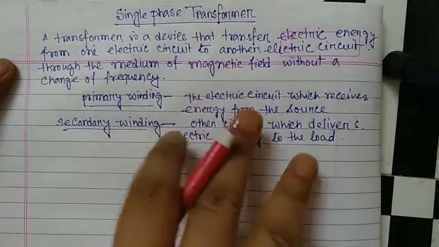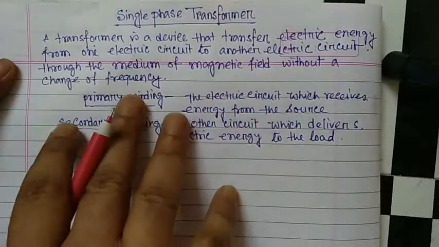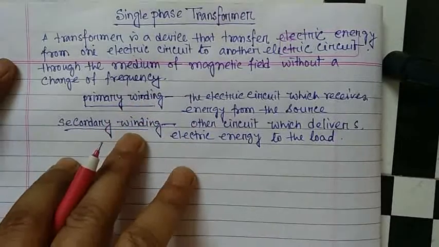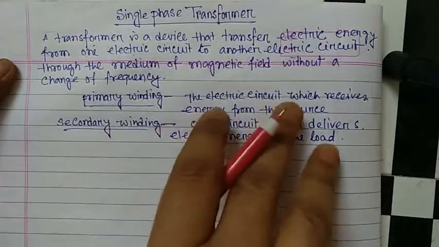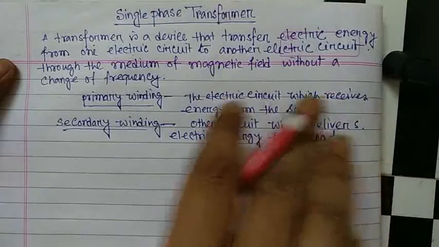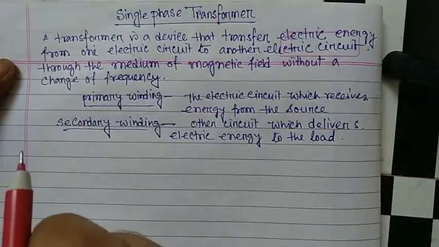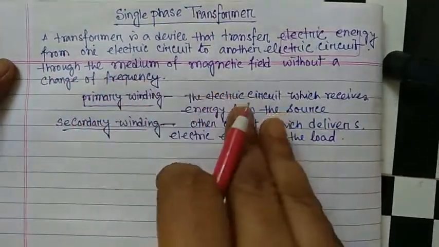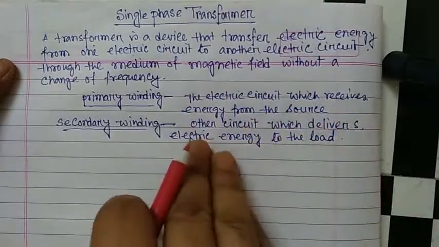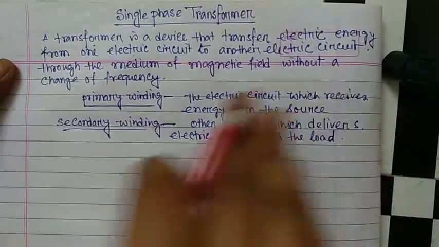So a transformer has two windings, one is the primary winding, another is the secondary winding. The circuit which receives the energy from the supply mains is the primary winding, and the circuit which delivers the electrical energy to the load is the secondary winding.